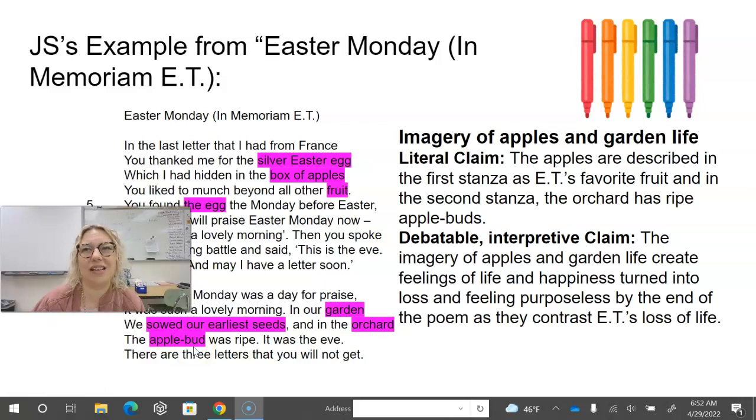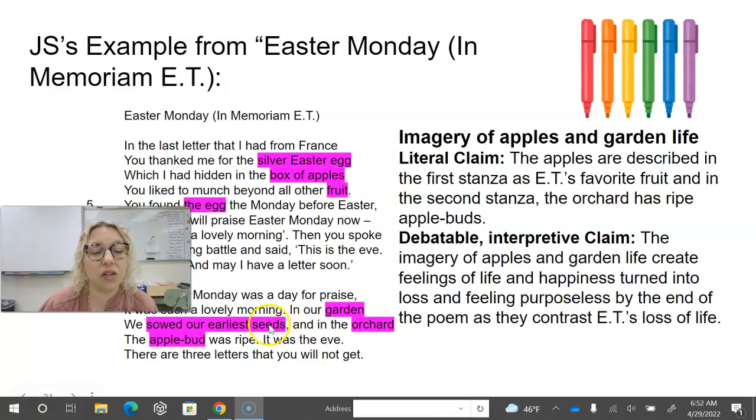Now you might say that hints at new life, but at the same time, it's used in contrast directly with this idea that E.T. will not get letters because he's dead, which is not explicitly stated but implied.